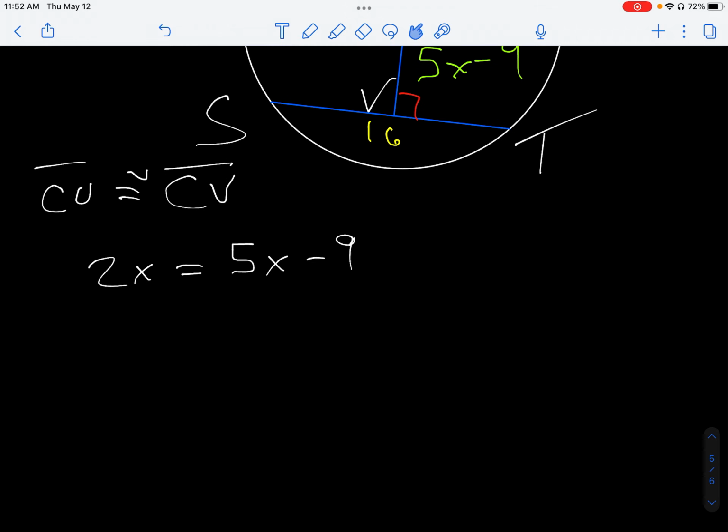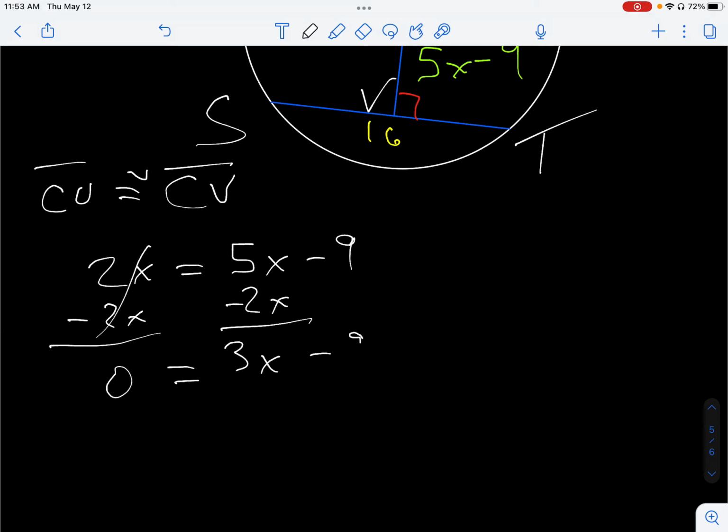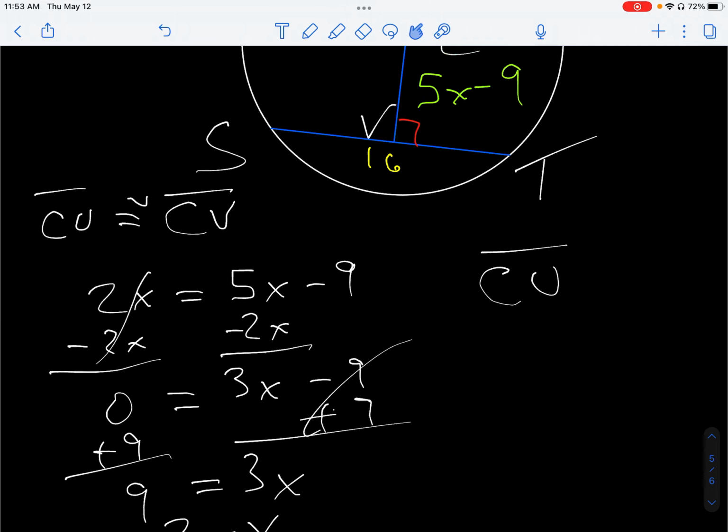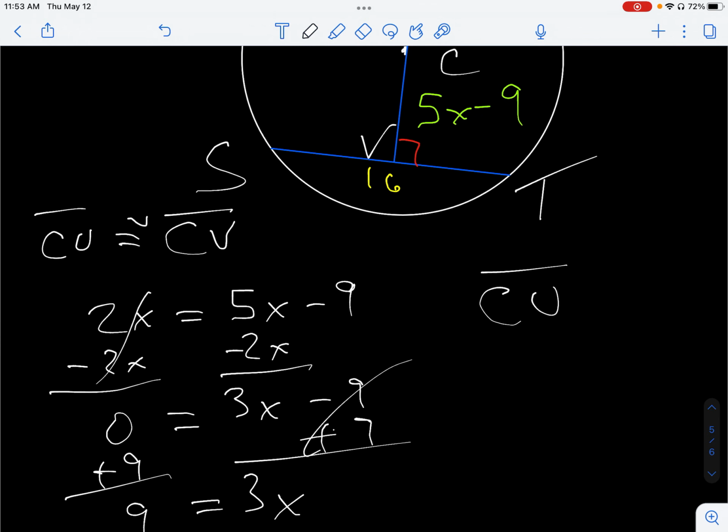So give myself a little bit more room here. Minus 2x here. And x equals 3. So CU equals 2x, which equals 2 times 3, or 6.